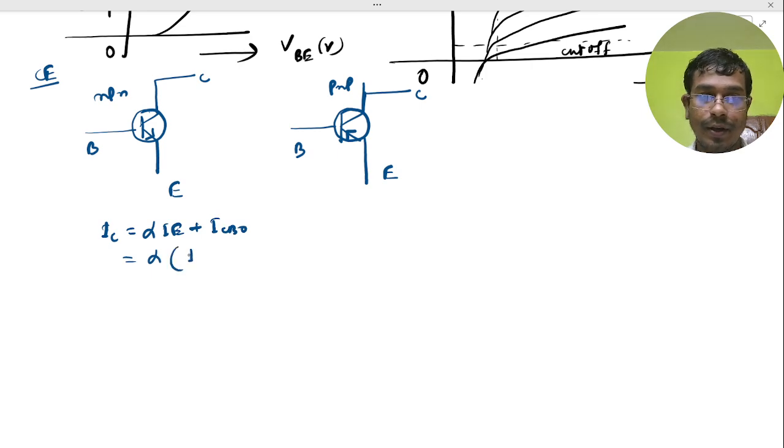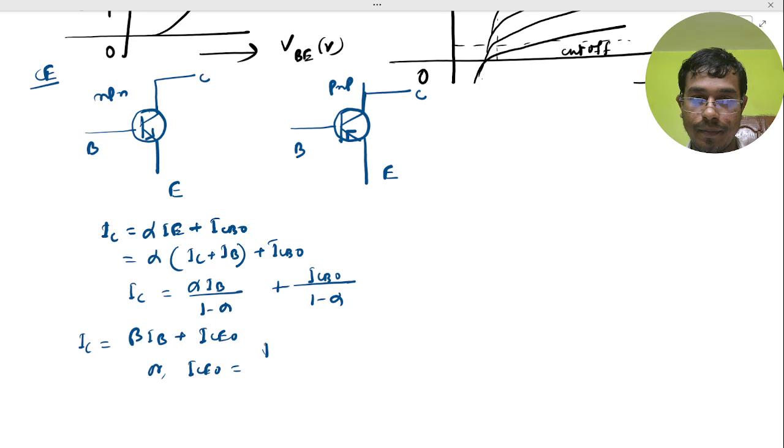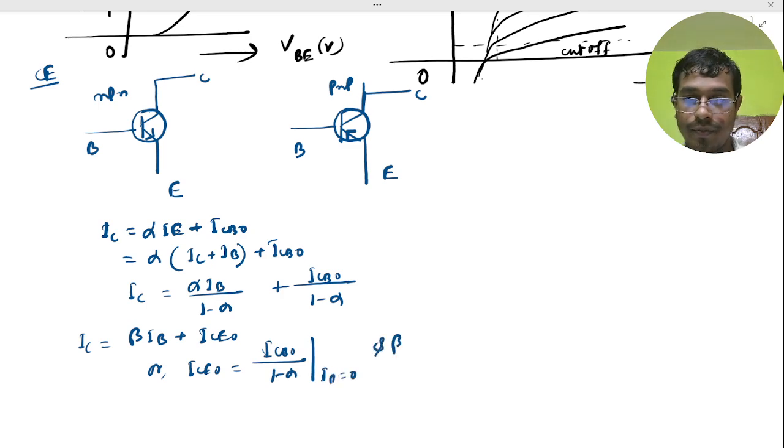For alpha common, IC equals IE plus IB plus ICBO, so IC becomes alpha IB by 1 minus alpha plus ICBO by 1 minus alpha, and that becomes IC equal to beta IB plus ICEO. ICEO becomes ICBO by 1 minus alpha at IB equal to 0, and beta equals alpha by 1 minus alpha.